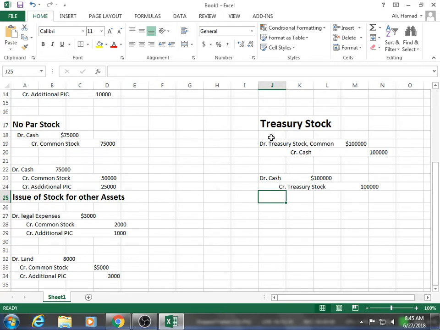So 1,000 shares. The original cost was $50, correct? Yes, sir. And they sold it for 60. So therefore, what are we going to debit? Cash. We're going to debit cash for how much? 1,000 shares at $60, so 60,000.